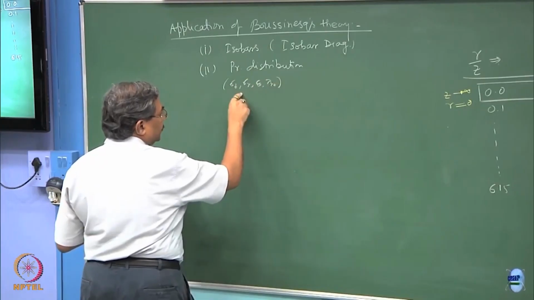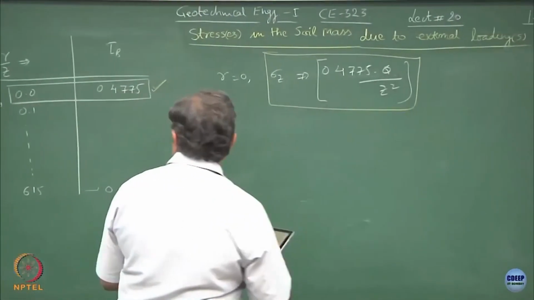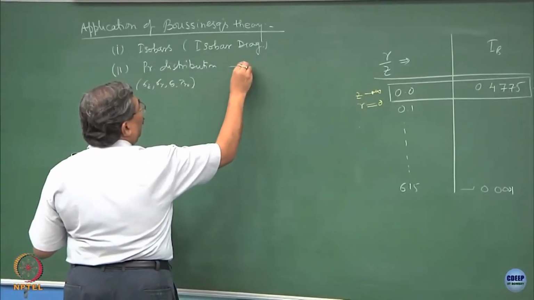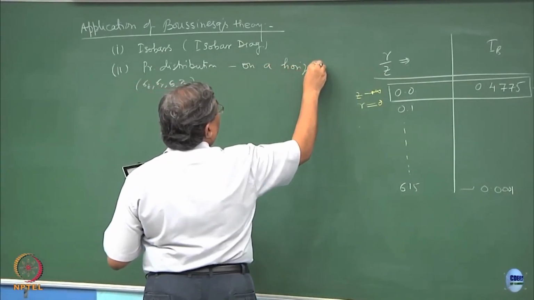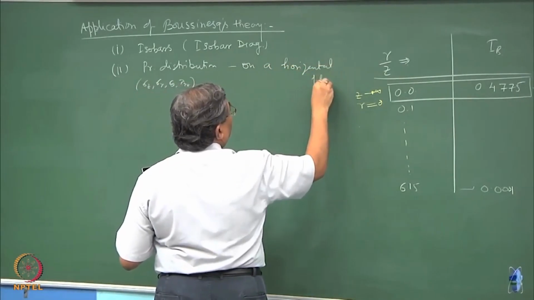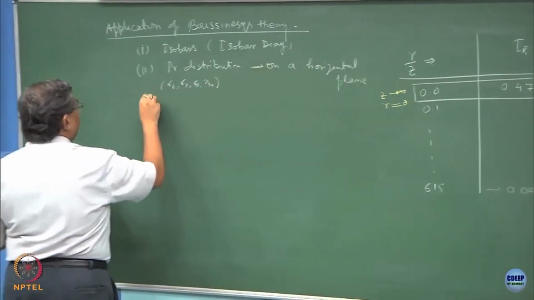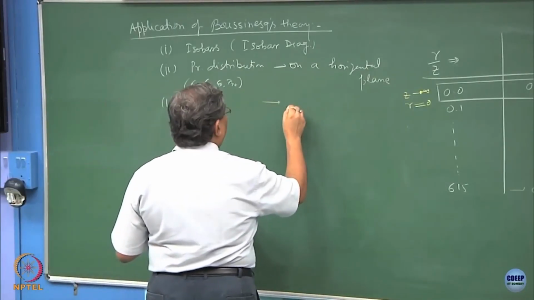This is the state of stress acting at a point P because of the external loading Q. So, pressure distribution on a horizontal plane, and the third thing would be to get the pressure distribution on a vertical plane.